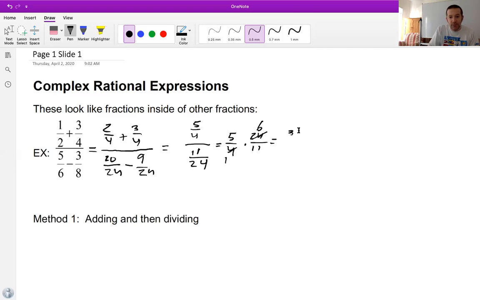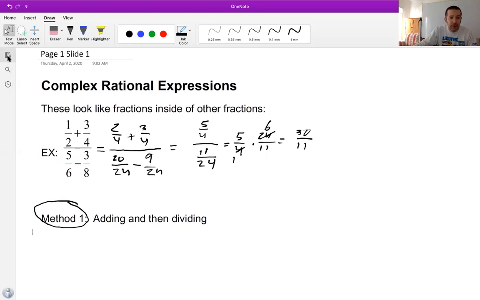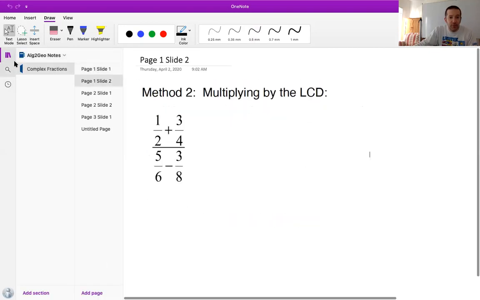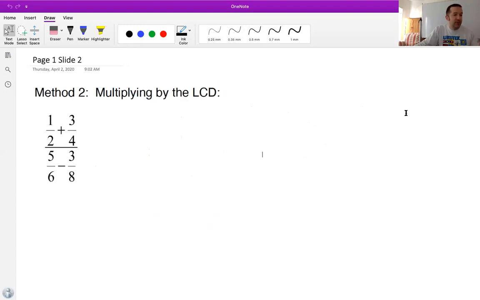So I get 30 over 11. So this is one way to do this. You add or subtract whatever's happening on the top and bottom of the fraction, and then you divide, which means you multiply by the reciprocal, and then you cancel or simplify as much as possible. This is called method 1, and it's not the way that I like to do it. I like to use classic method 2.